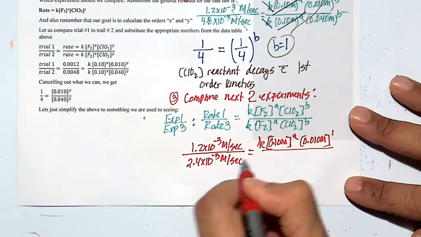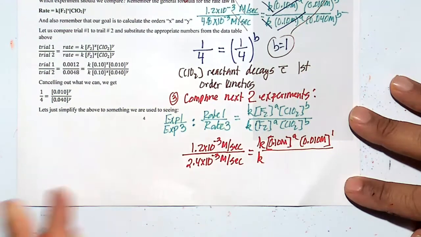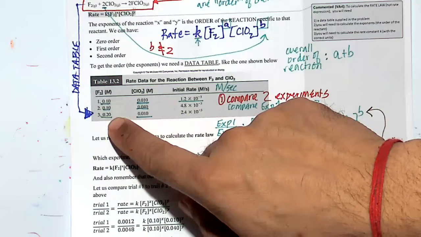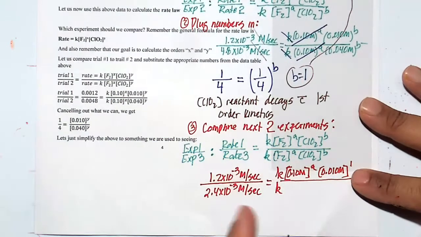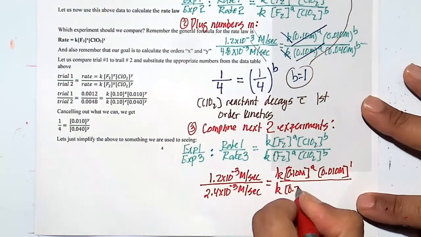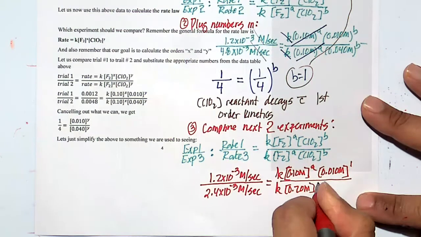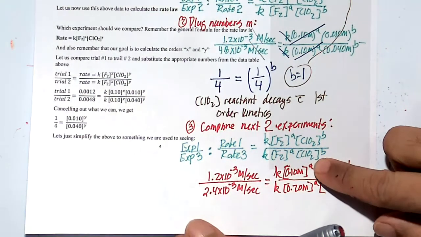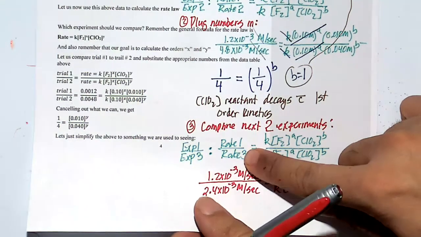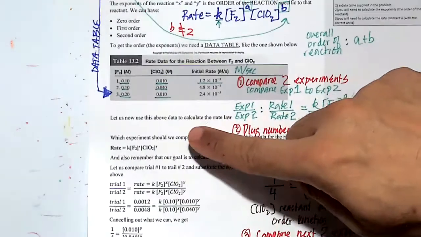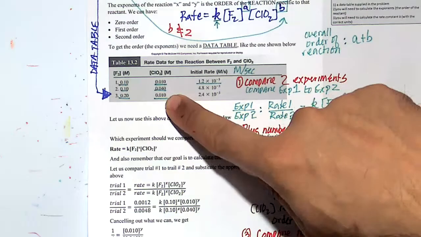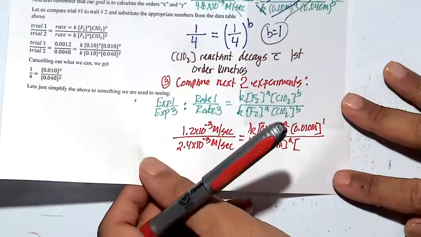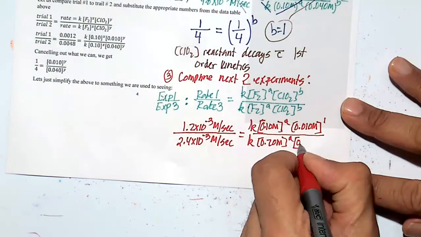Okay, all of that divided by, now let's do experiment 3. F2 is 0.20, raised to the power of A, times ClO2 for experiment 3, and in our data table, that's 0.010, to the power of B. We solved for B, it's 1.